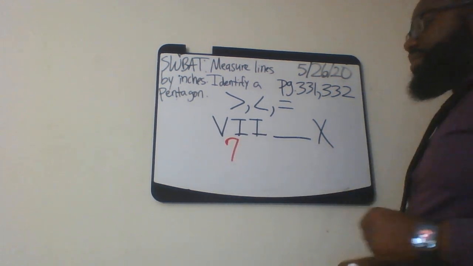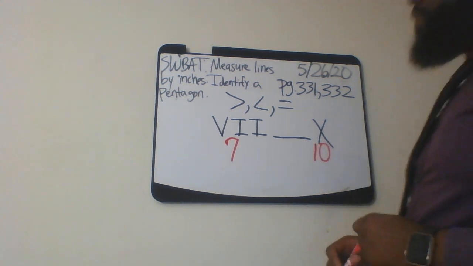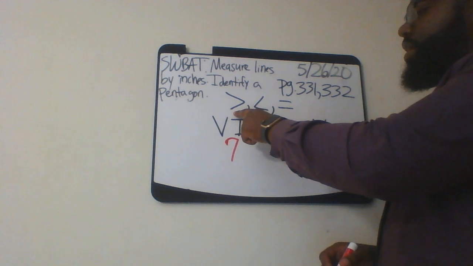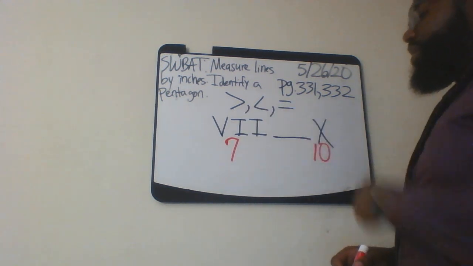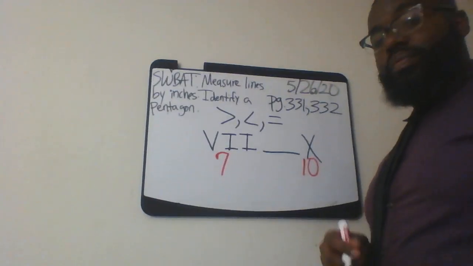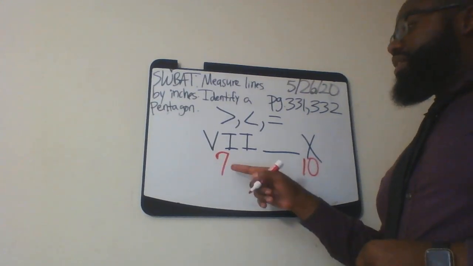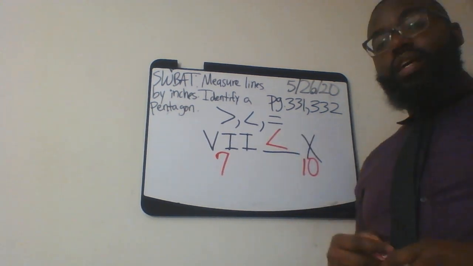And the X, what number does that represent? 10. So we're trying to figure out: is 7 greater than 10, less than 10, or equal to 10? What do you think for this 7? Yes, 7 is less than 10. So you'll put the less than sign there.